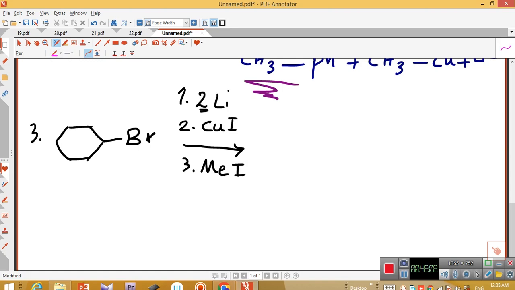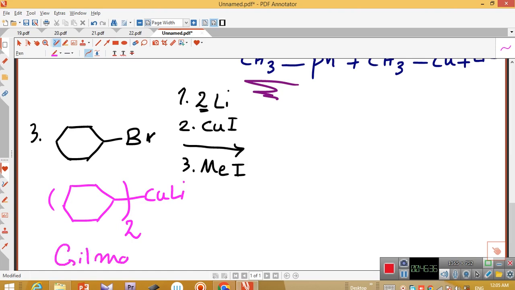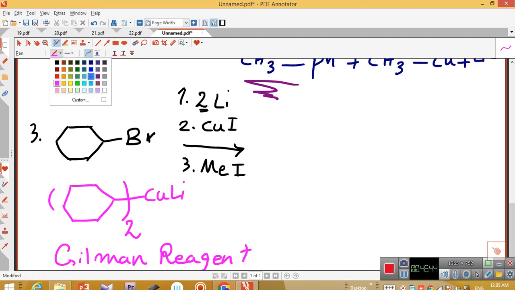So what happens here? We will have bromocyclohexane, and after reacting with 2 equivalents of lithium, we will have cyclohexyl lithium and lithium bromide. And again, this will react with copper iodide and produce dicyclohexyl copper lithium. This is our R2CuLi, or diorganocopper lithium, and this is our Gilman reagent, my friends, where the nucleophile R is cyclohexyl.